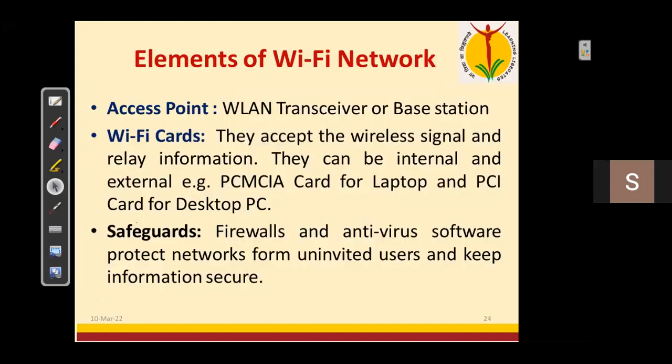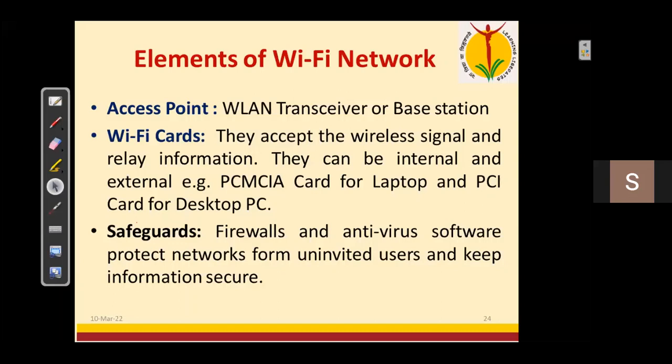Very important for this Wi-Fi are the devices or elements required. Definitely we require the access point, which acts as a transceiver or base station, through which we can connect many devices. Your terminal or laptop should have a card called the Wi-Fi card.